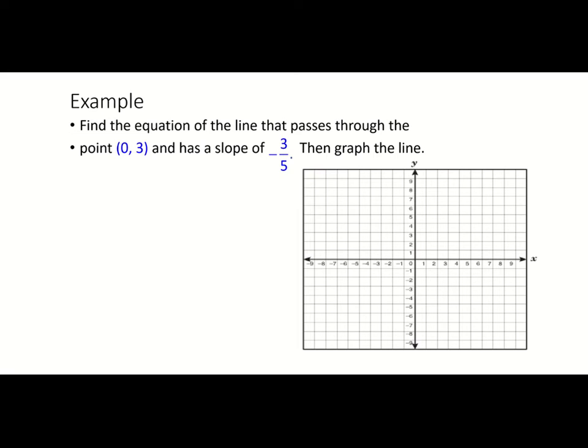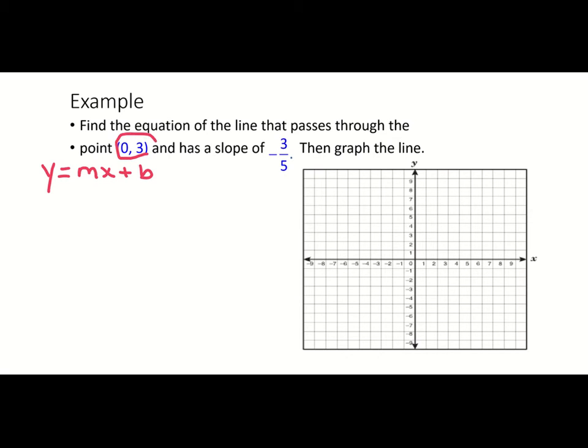All right, so here, what they want us to do is find the equation of the line that passes through the point 0, 3 and has a slope of negative 3/5. Then they want us to graph the line. So we can start out here with our slope-intercept form. If I do y equals mx plus b. All right, I have the point 0, 3.